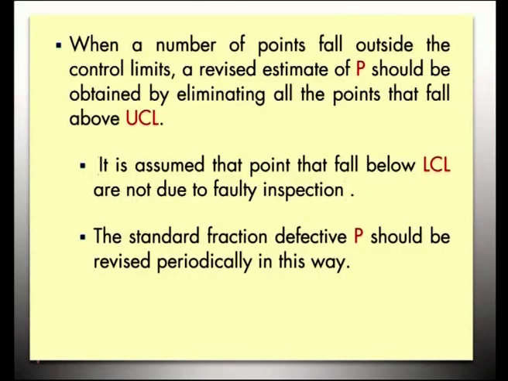Next, when a number of points among the sample numbers fall outside the control limits, a revised estimate of the population parameter should be obtained by eliminating all the points that fall above UCL. It is assumed that the points that fall below LCL are not due to faulty inspection. So, the standard fraction defective capital P should be revised periodically in this way.